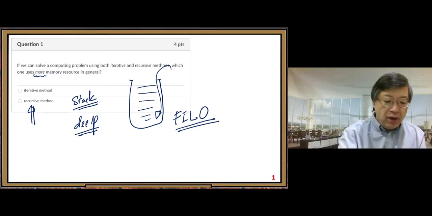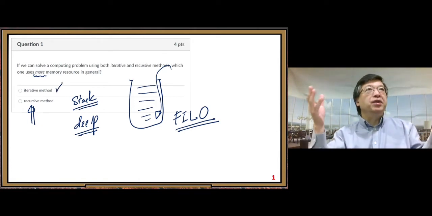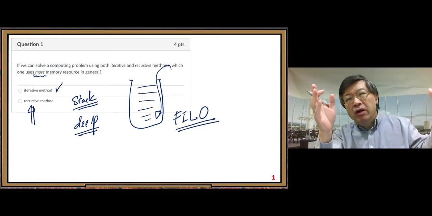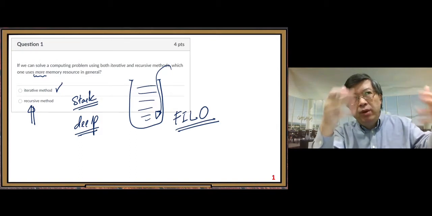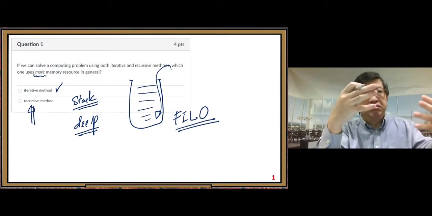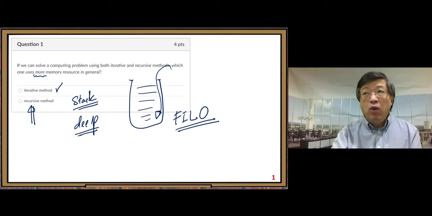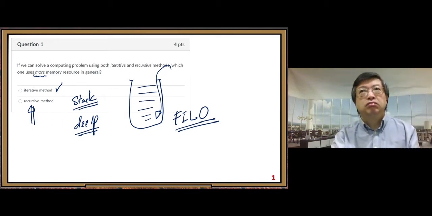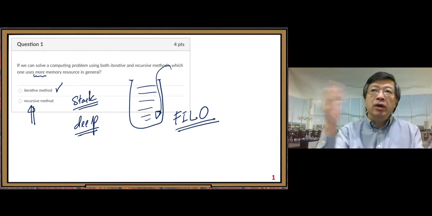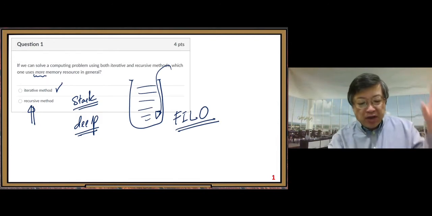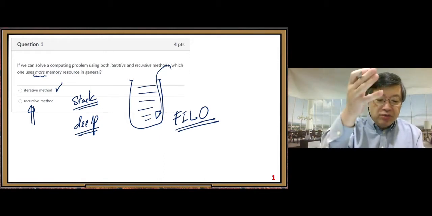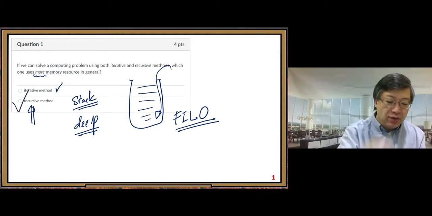But for the iterative method, we don't need to use a stack. Basically we use temporary variables, and those temporary variables can be reused. When we reuse those temporary variables, we can save a lot of memory resource. So based on that background, which one uses more memory resource?